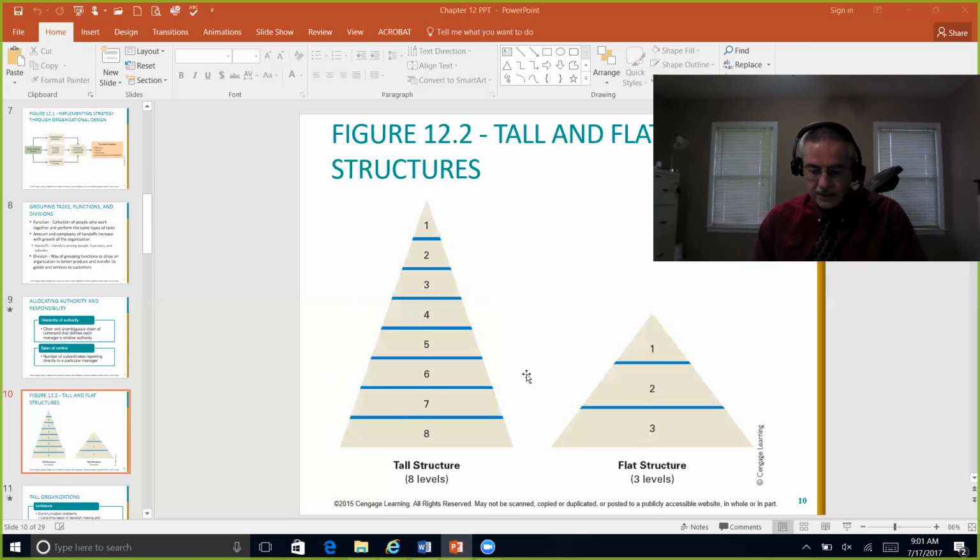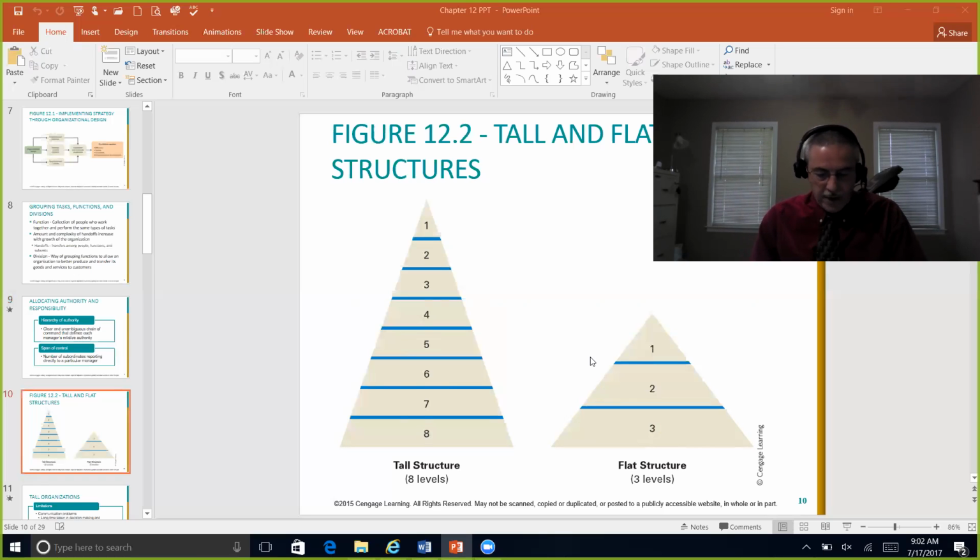Taller organizations compared to a flat structure, and this flat structure was really what came about in the 90s, where a lot of middle managers were decimated in the ranks because organizations realized that the bureaucracy of being a tall organization was making it more difficult to get things done. Communications were slowed, decisions were delayed, so they leveled out the organizations by flattening the structure, as we see here.